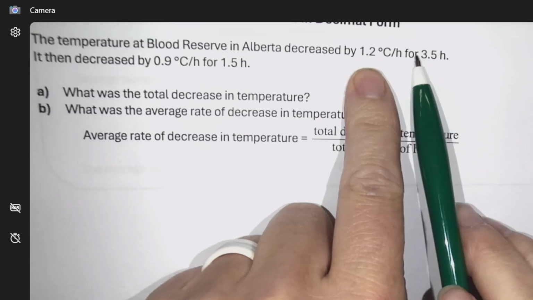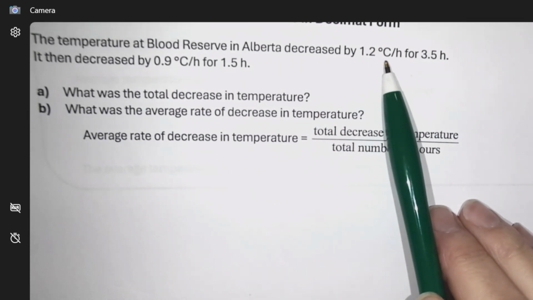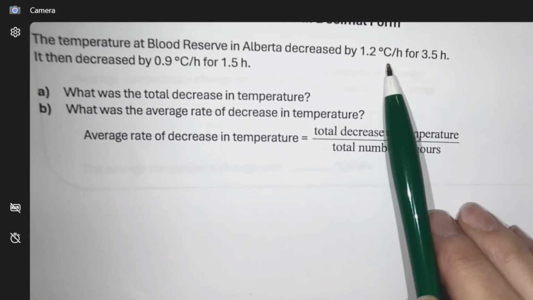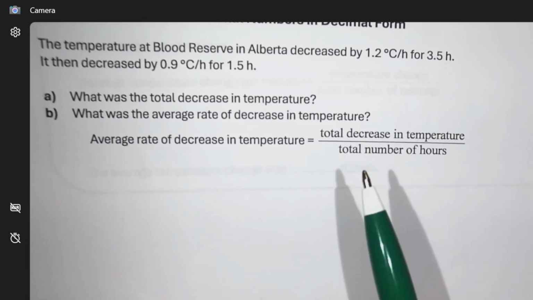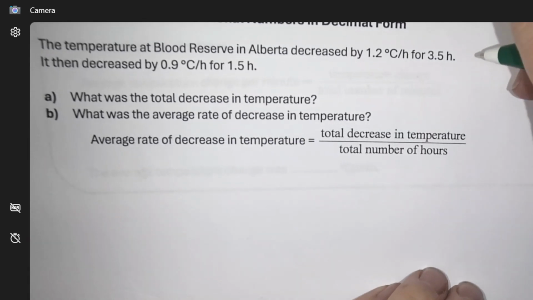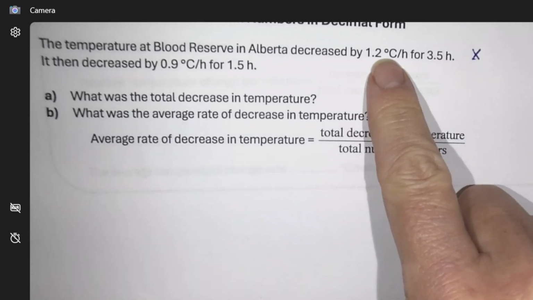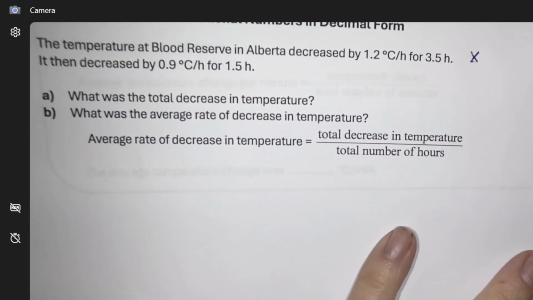Okay, so tell me what kind of math I should do here. If you're doing 1.2 every hour over 3.5 hours, should I add these, subtract them, multiply, or divide them? Yeah, multiply them. If you do this every hour for 3.5 hours, we're going to multiply that.